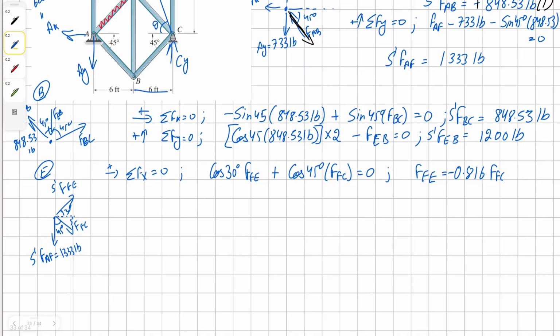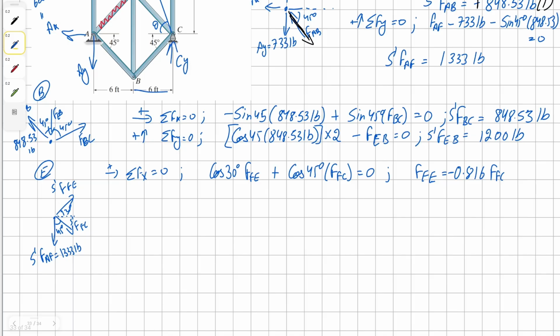And it's negative, so that means we assumed our vector in the wrong direction. But we're not going to switch it just yet, because otherwise we have to switch everything in our equilibrium equation for x-axis.